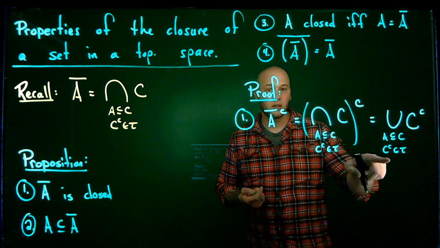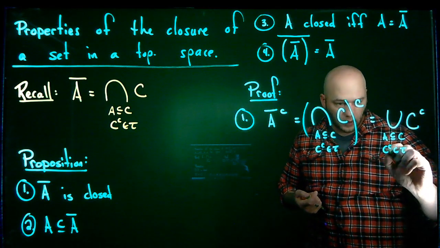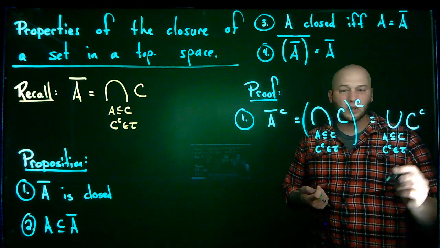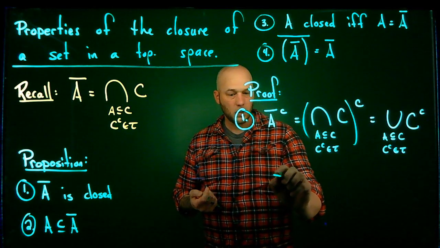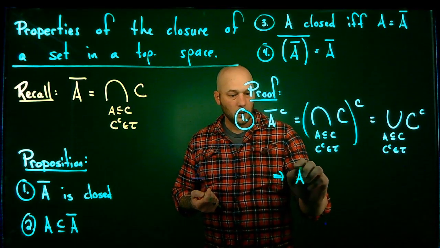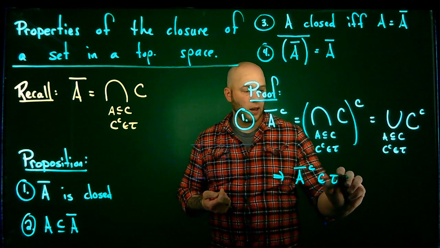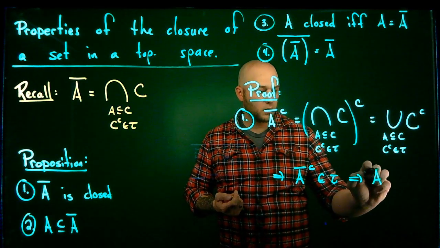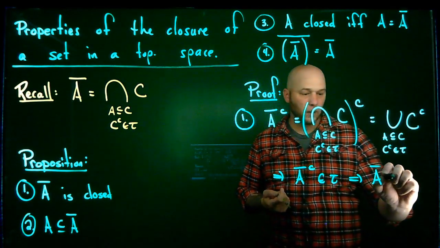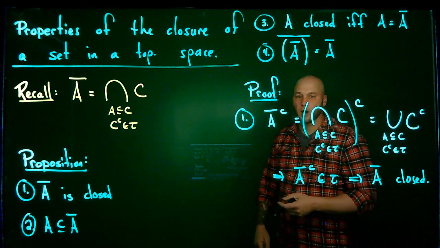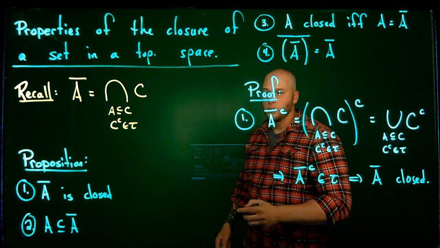Well, down here it says that the complement is open, and therefore this is an arbitrary union of open sets, which means that the complement of the closure is an open set, and in particular that says that the closure is a closed set, which is what we were trying to prove.